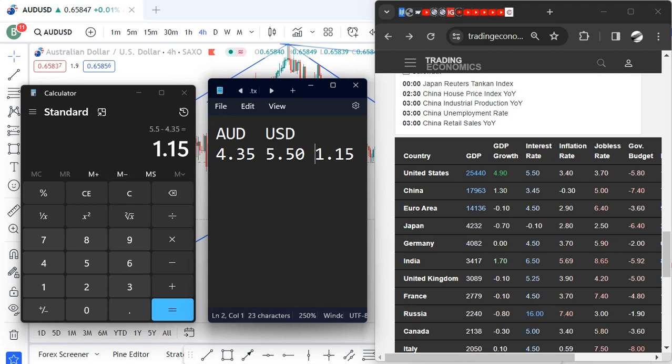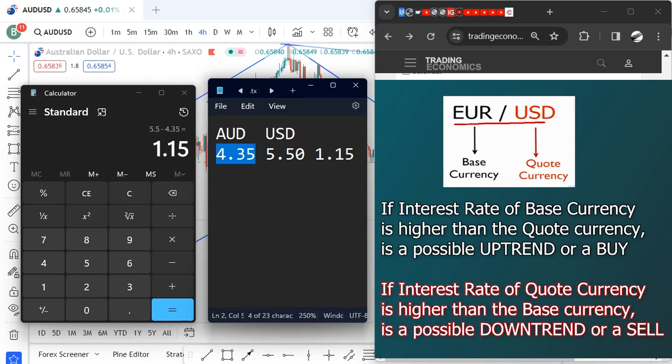You can see it's kind of small, but what we're going to deduce from this is this: the interest rate of USD is heavier than that of Australian dollar. So since the USD is heavier, this pair will tend to sell, because USD is heavier than the Australian dollar.